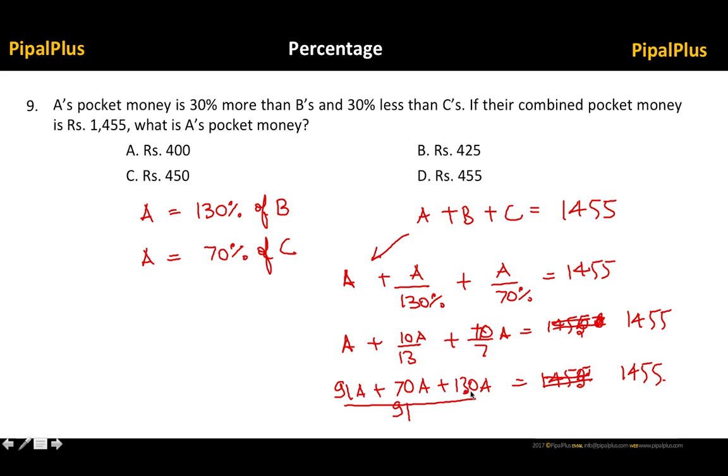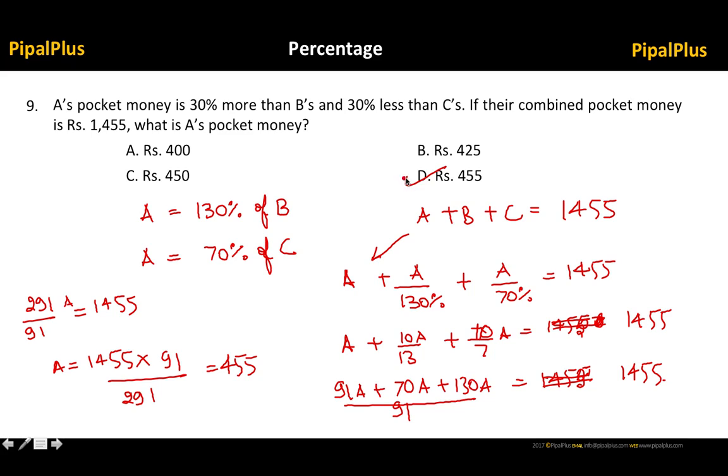This is 70 plus 130, 200, 291A divided by 91 equals 1455. So A equals 1455 times 91 divided by 291. When you cancel out these things, you get 455, right? So the answer is that A's pocket money is 455.